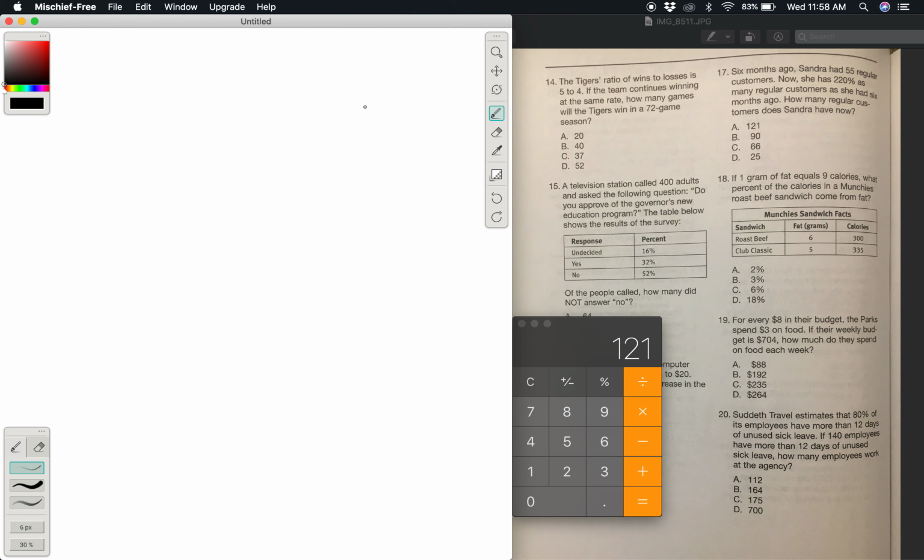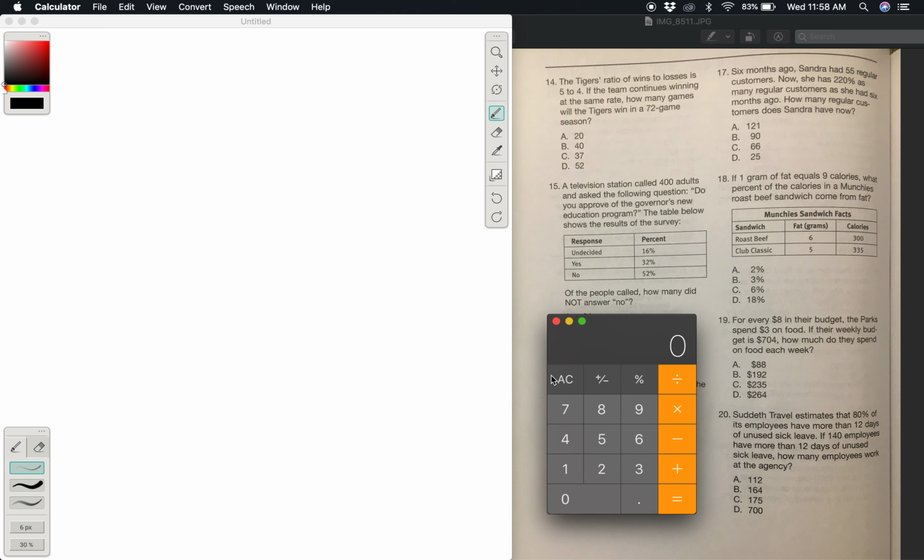Now number 18. If 1 gram of fat equals 9 calories, what percent of the calories in a Munchie's roast beef sandwich come from fat? Okay, so let's look here. A roast beef sandwich has 300 calories, and it has 6 grams of fat. Let me think of this first. We know the unchanging one is 300 calories.